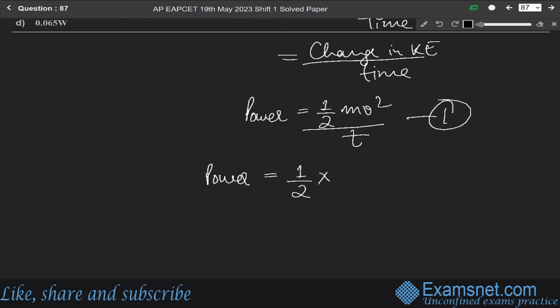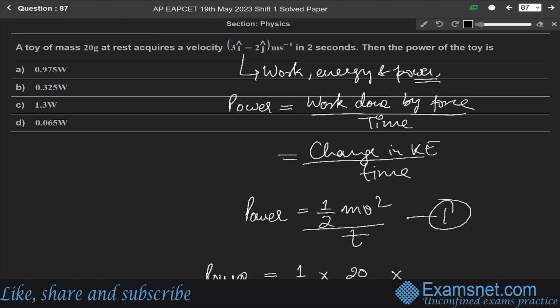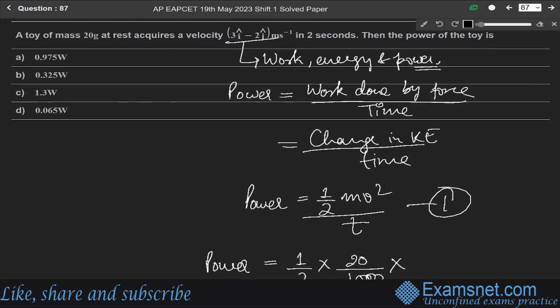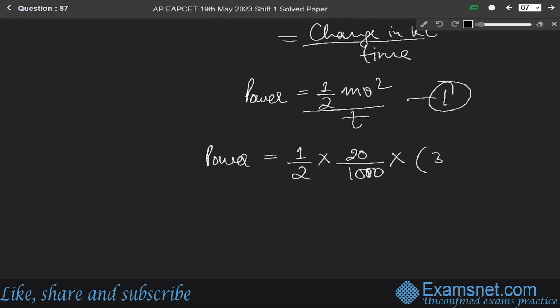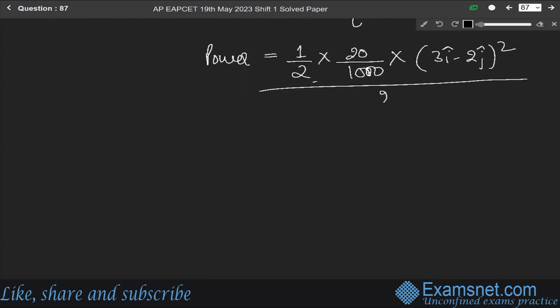M is given as 20 gram, which means 20 over 1000, converted into kg, into v square. Velocity is given as 3 i cap minus 2 j cap, which means 3 i minus 2 j cap whole square, over time. Time is given as 2 seconds. Just put t equals 2.